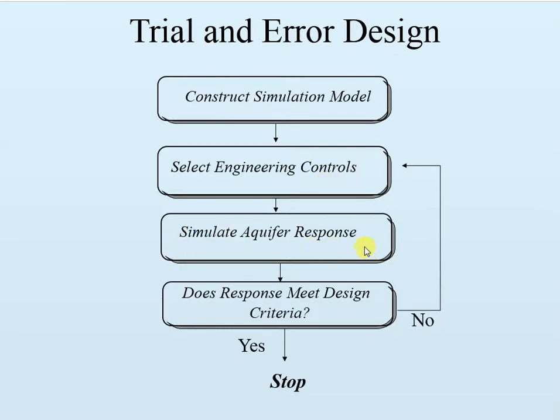We simulate the response, and we look at how the system responds. Have we satisfied the design criteria, whatever they may be? If yes, we're done. If no, we go back and change the controls. Trial and error.